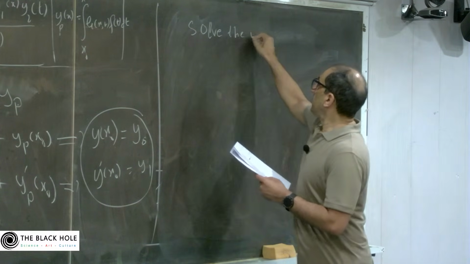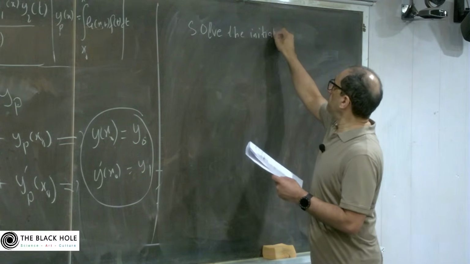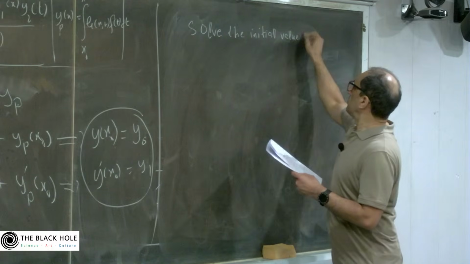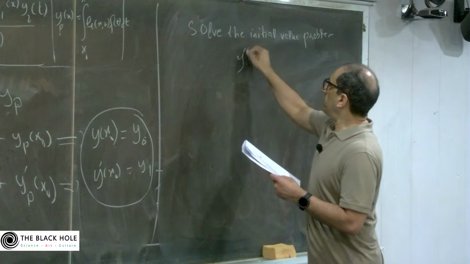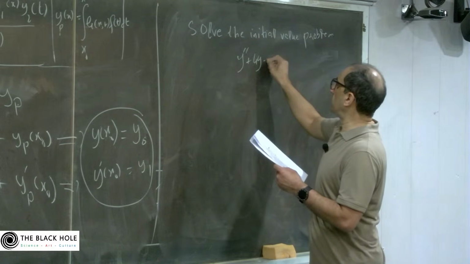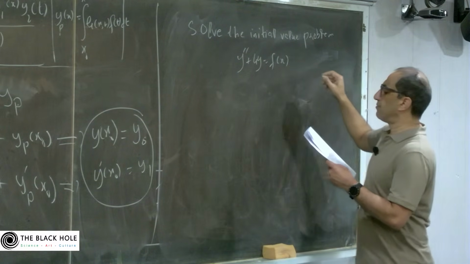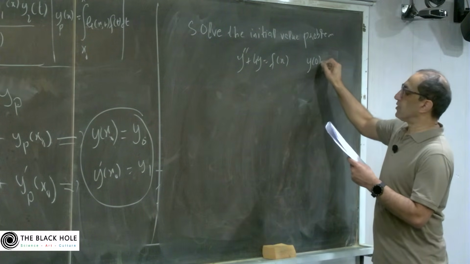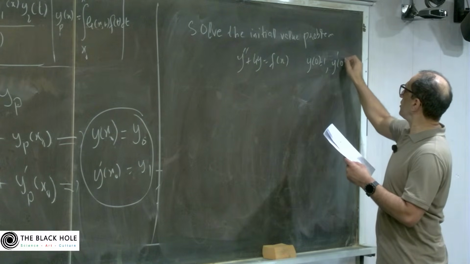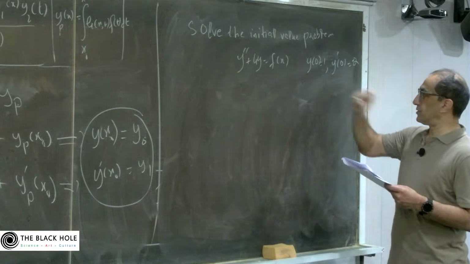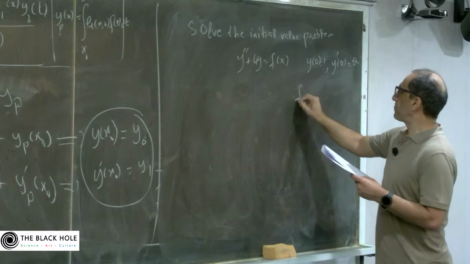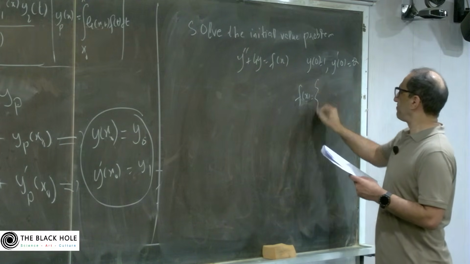Solve the initial value problem y'' + 4y = f(x), y(0) = 1, y'(0) = -2, and the forcing function that you have now is defined like this.